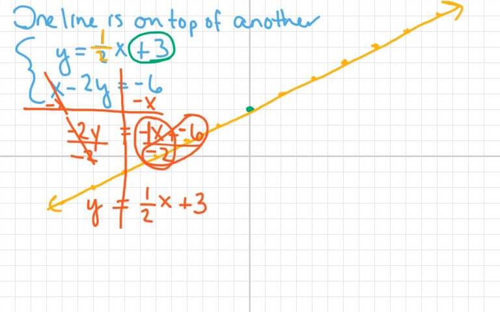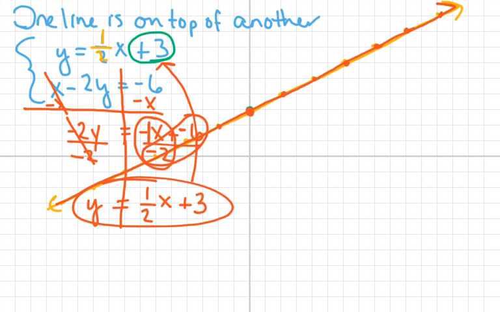Now, if you take a look at the equation that we came up with, y equals 1/2 x plus 3, you can see it's the exact same thing that we had there. So the y-intercept is 3, and the slope is up 1 over 2. And you can see that all of the points that I'm plotting now are on top of the previous line. So that means that the line is on top of the first line.